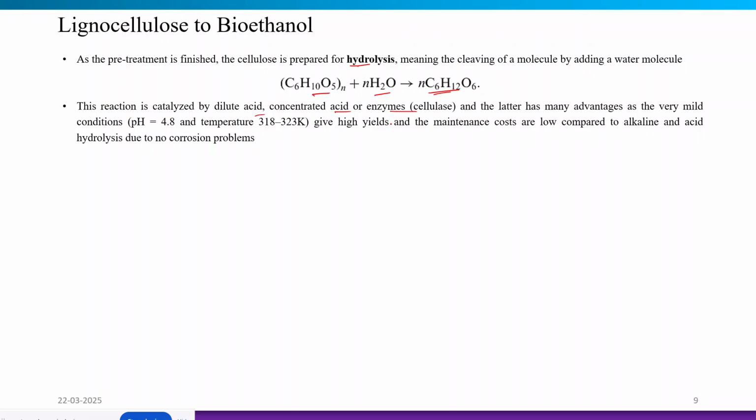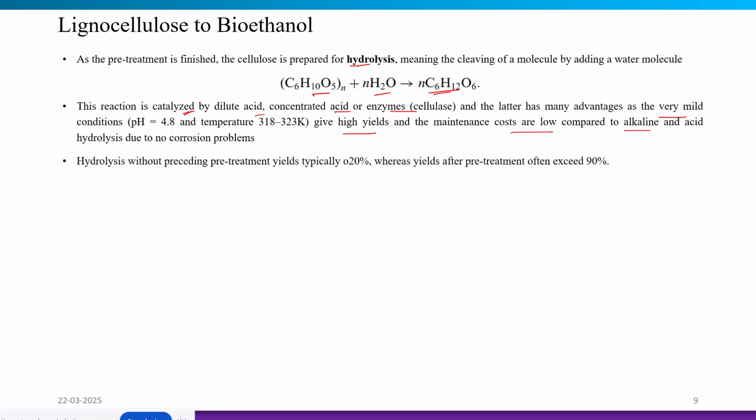So depending upon the catalyst you are using in the process, there are a lot of categories of hydrolysis, and they follow very mild conditions. When you are using enzymes as a catalyst, it also gives a higher yield and maintenance cost is low compared to alkaline and acid hydrolysis.